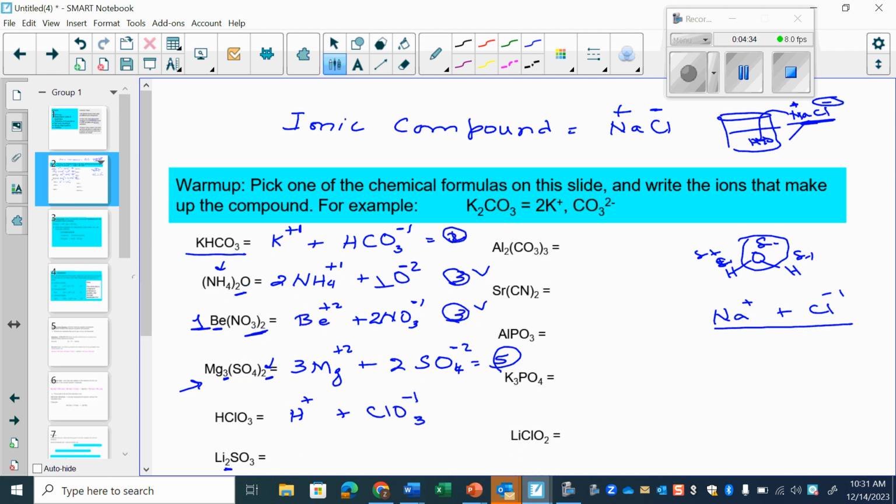I have 2 lithium ions and 1 sulfite ion. Again, I told you by the number of ions that I get, like 3 + 2, 3 cations, 2 anions, 3 + 2, 5 altogether. That means this is the best electrolyte as of now on the list, as we discussed.